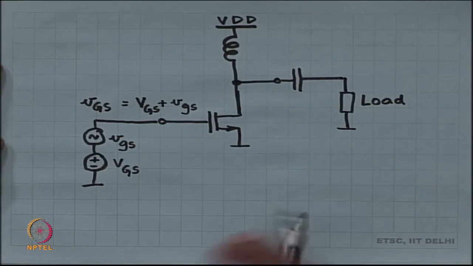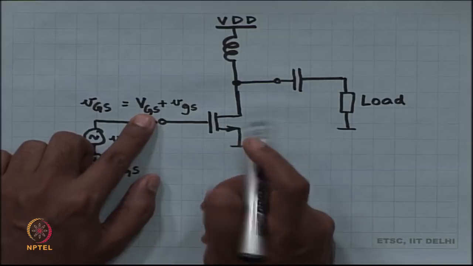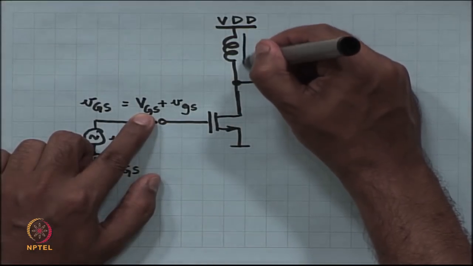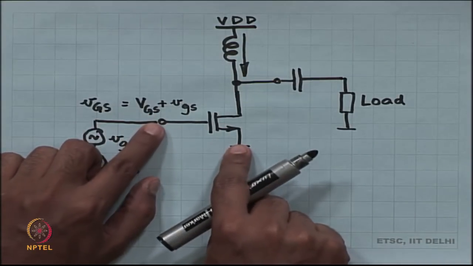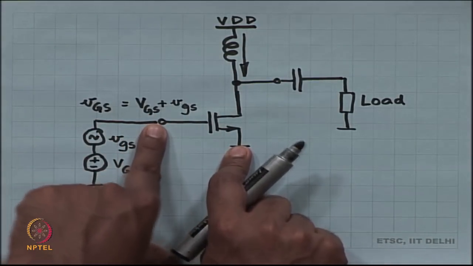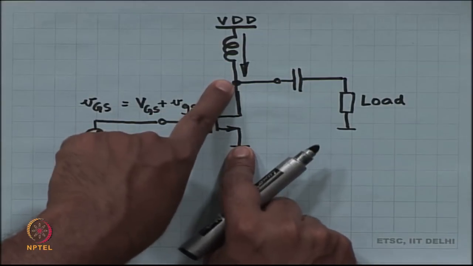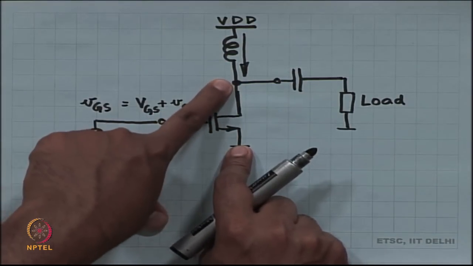All right. Now, for this capital VGS, and so for this DC operating point, capital VGS is the gate to source voltage and capital VDD is the drain to source voltage.